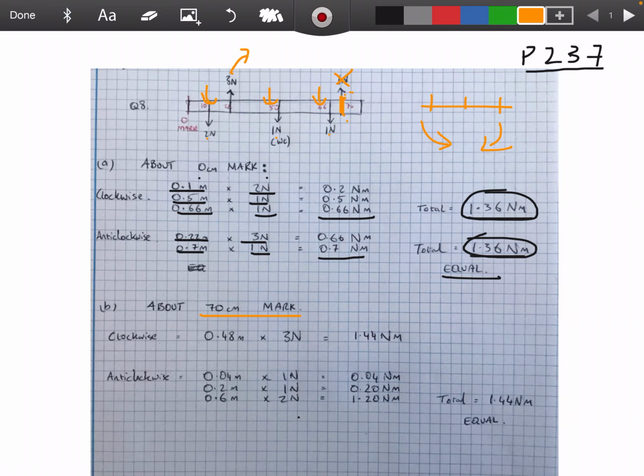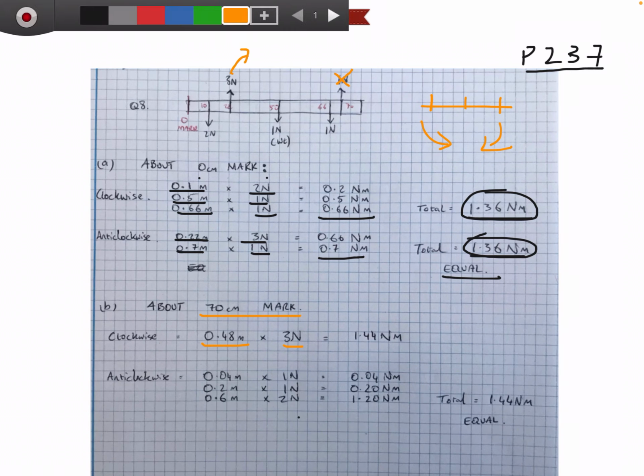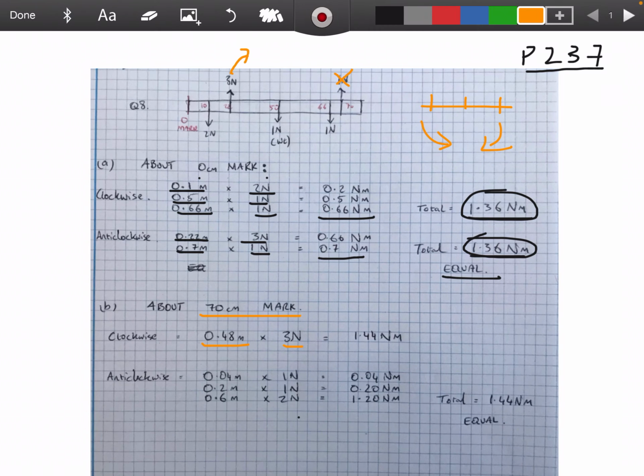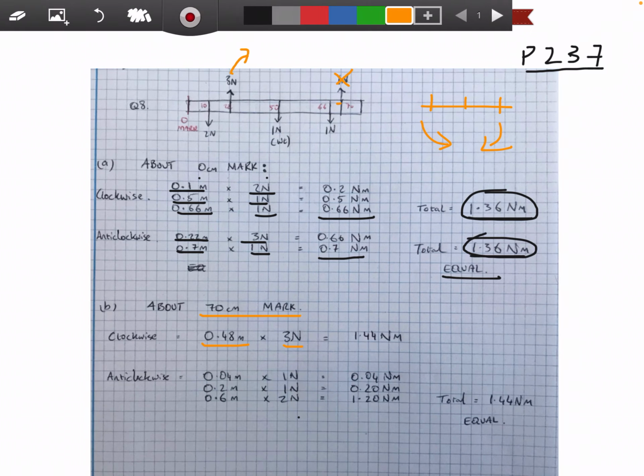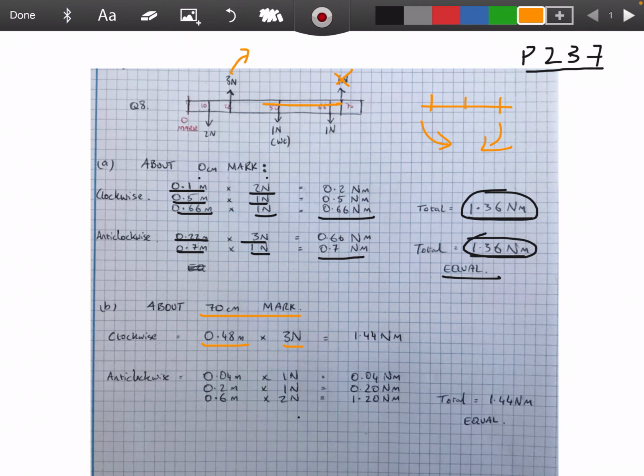Now, it's a 3 Newton weight, that's no problem. 0.48 is where people will have the issue. I have to say it's the distance from the fulcrum to the force. So I need to look. Remember, that's the 70 centimetre mark on my meter stick. And I need to look at the difference between 70 and the 22.